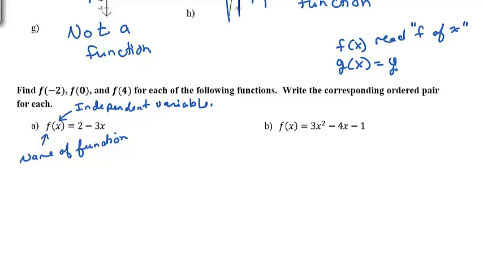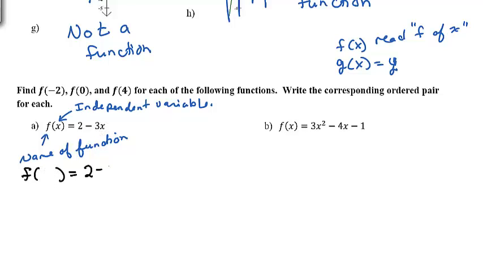So now we're going to evaluate these functions when x is -2, 0, and 4. So first we want to find f of -2, and I'm going to switch my pen colors around here a little bit. So when I'm evaluating a function at a particular value, and particularly if you're new to this, I would write out what I call the shell of the function, and that's write out your function except for where this x is, leave an empty parentheses like I left right here.